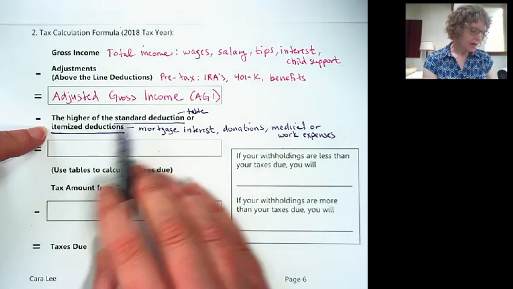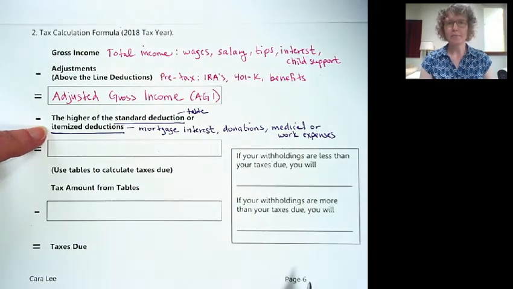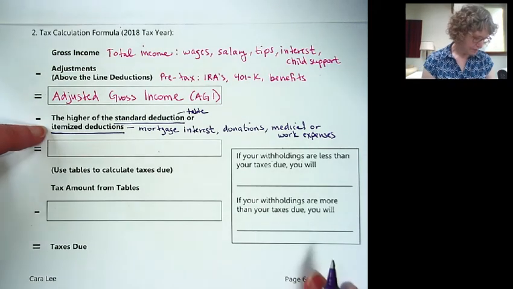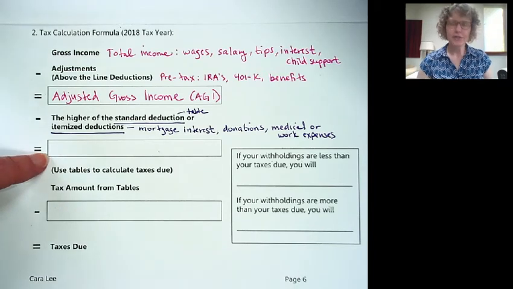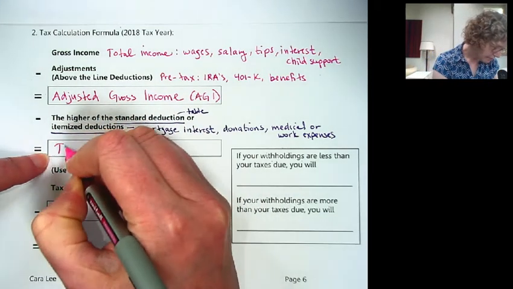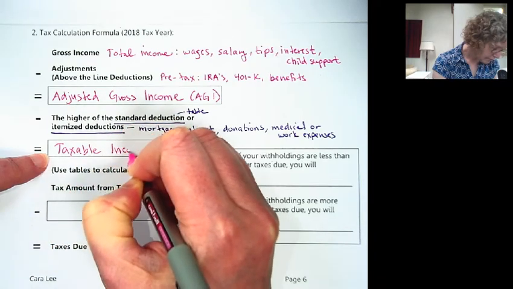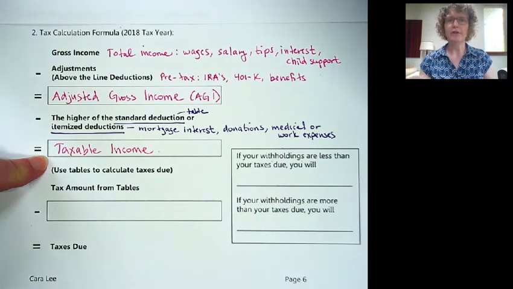And then you want to take the higher of the two, either the standard deduction or your itemized deductions. We will do an example of this in another video. Once you subtract all that, that is called your taxable income.